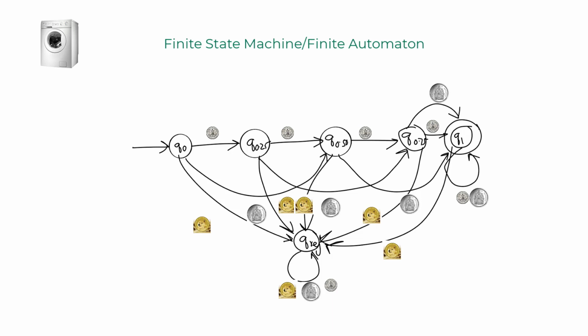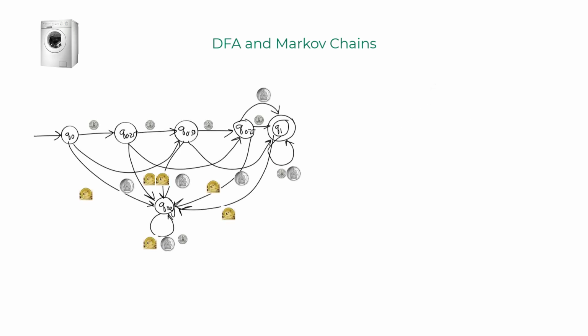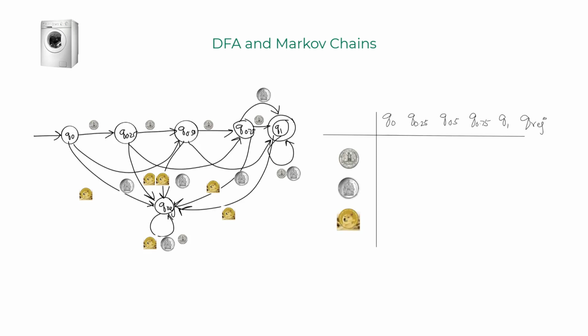This machine is called a deterministic finite automaton because at each state we can determine exactly which state it goes to if we know the input symbol. This lets us draw a transition table. So you look at the state and you look at the input and then write the state it would go to. That way I'm populating the first row, which is basically at any given state, if you receive a quarter, what state would you go to?